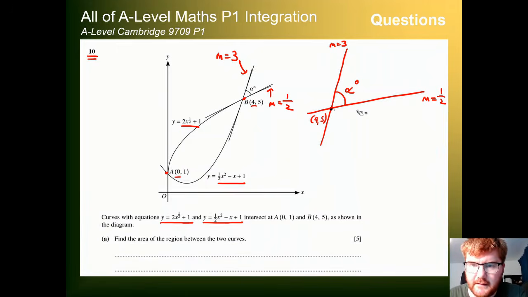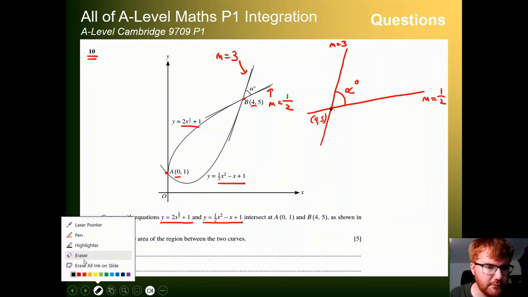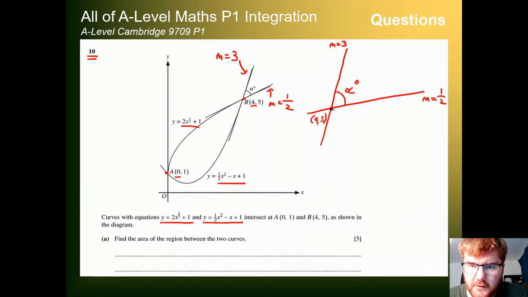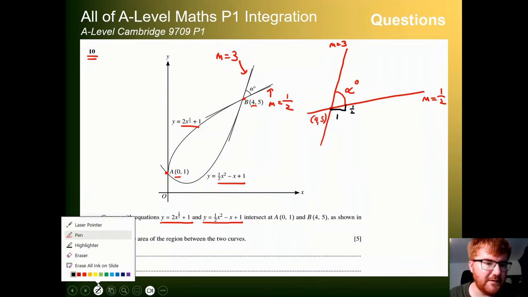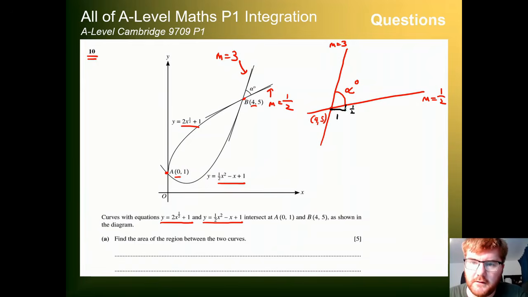You'll see why a bit later on. So if I go 1 along, this would be equivalent to 1 along and a half upwards. Whereas if I do that with the other line, again we're going the same units along here, we're going 1 along, but then we're going 3 upwards as well, so the green represents the 3.